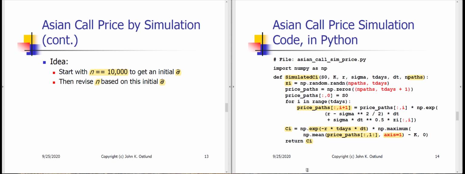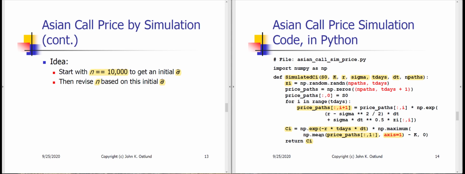Okay, so notice that we pass in the initial stock price, the strike price, the interest rate, the volatility of the stock price, the total number of days in each path, the length in years of each day, and the total number of simulated paths that we want to create.